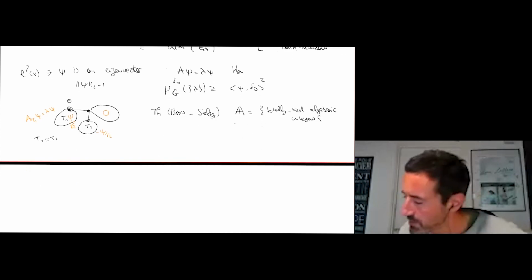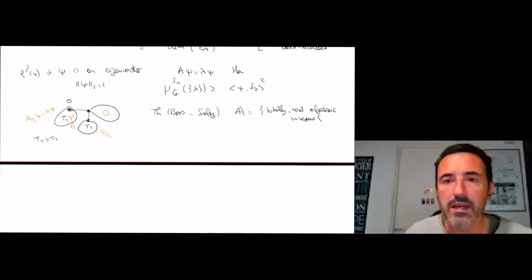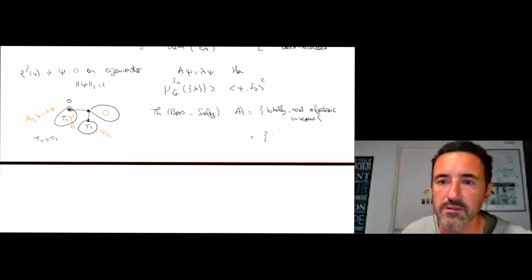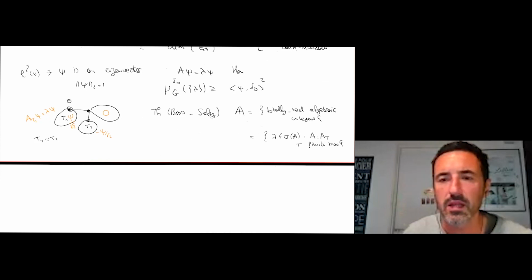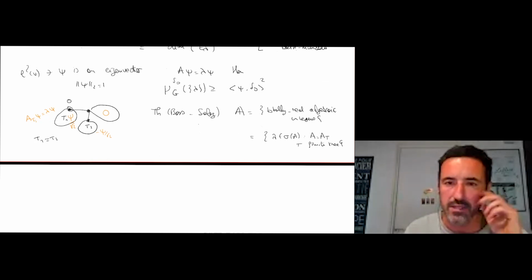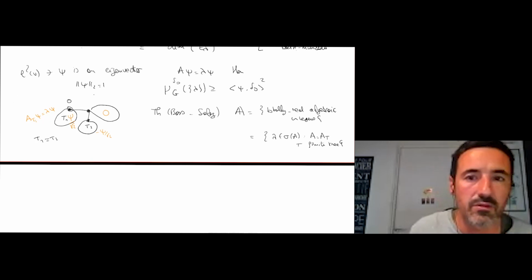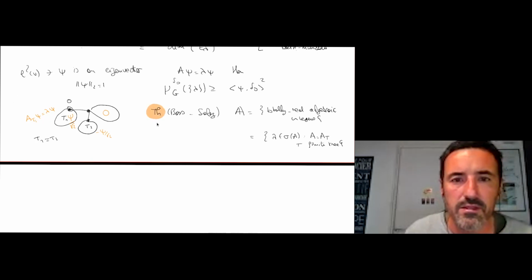The statement of the theorem is that A is also the set of lambda which belong to the spectrum of some A, where A is the adjacency matrix of a finite tree T. So Bass proved it for graphs, and Salez proved that it's even true if you restrict to trees.